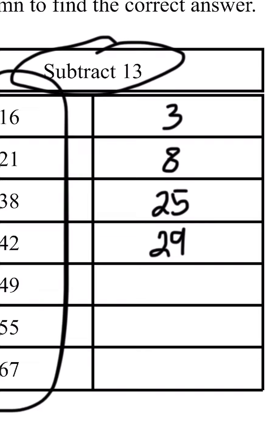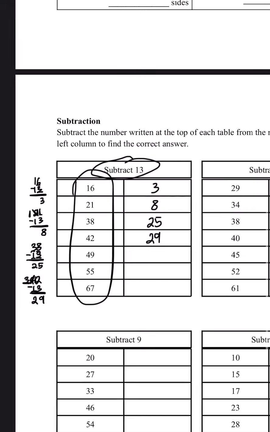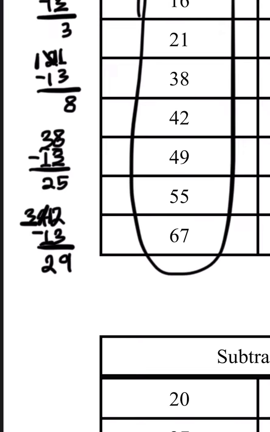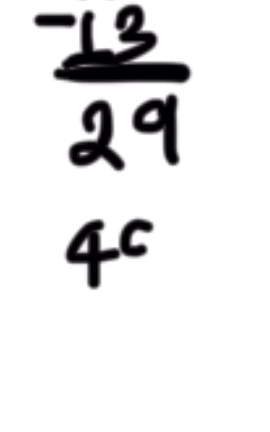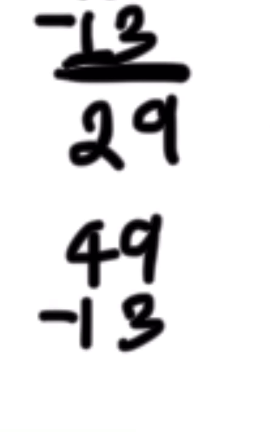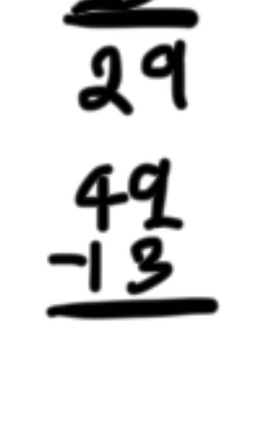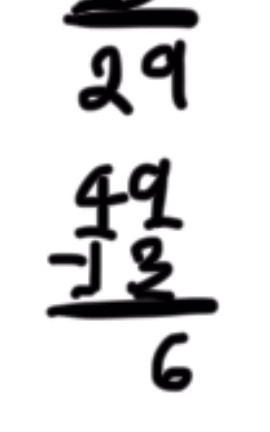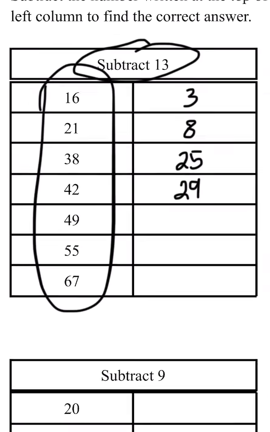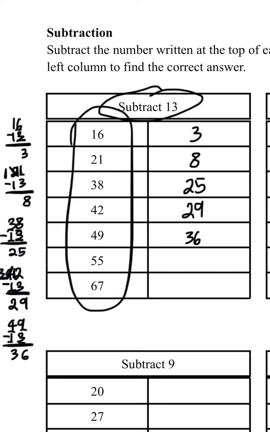So 29 is the answer for the fourth column, and 49 minus 13, 9 minus 3 is 6, and 4 minus 1 is 3. So 36 is the answer for the fifth column.